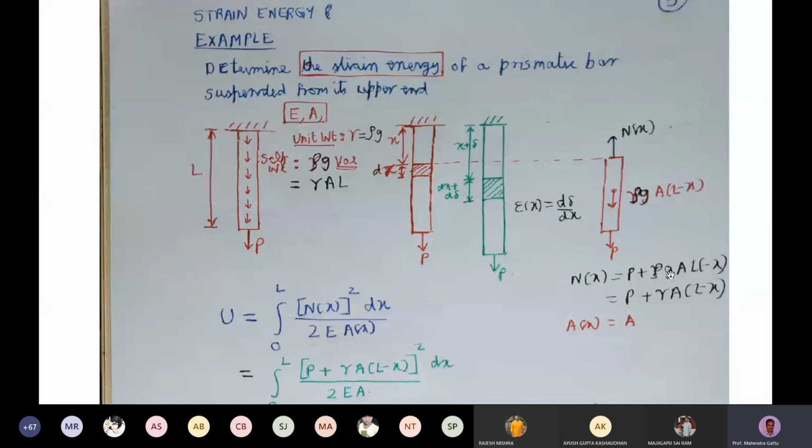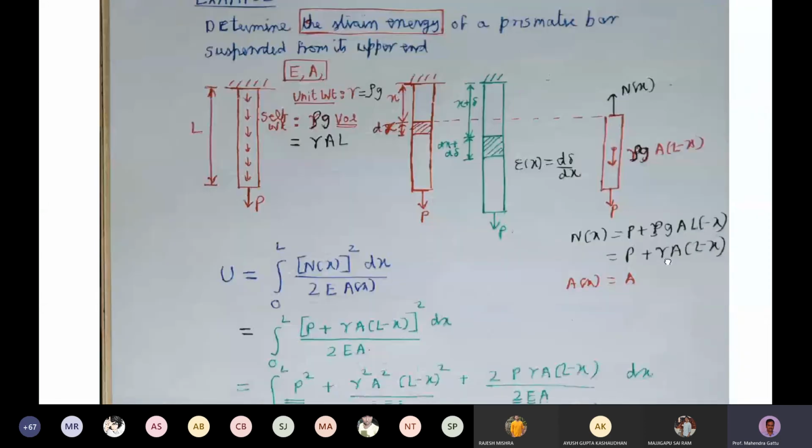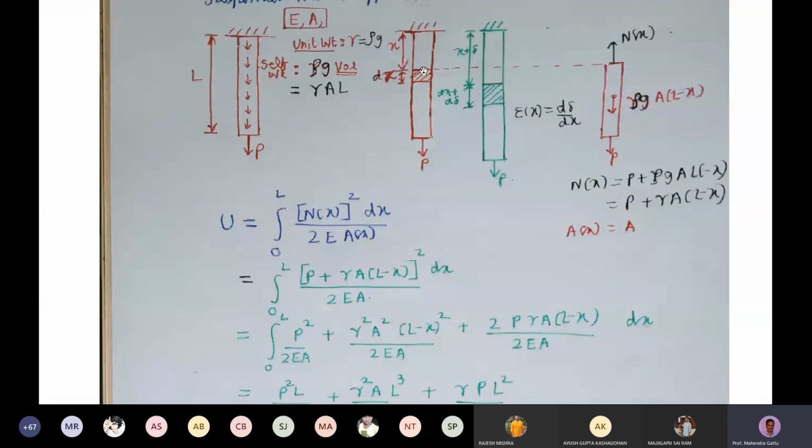A of x is a constant term for this specific case, so we can replace A of x with A. Now we want to find the strain energy, so we have that formula. Strain energy for this small segment is N of x square dx by 2EA. And for the entire length we have to do the integration from 0 to L. So N of x is P plus gamma, the unit weight, times A into L minus x.